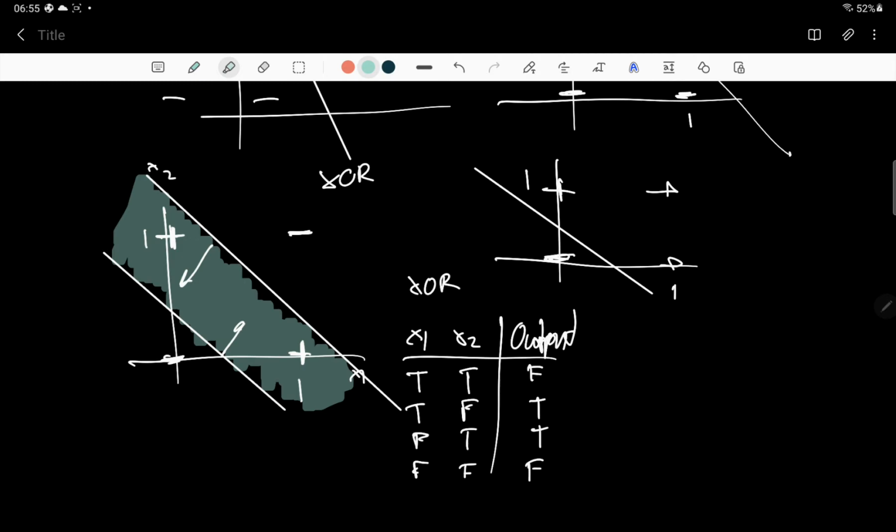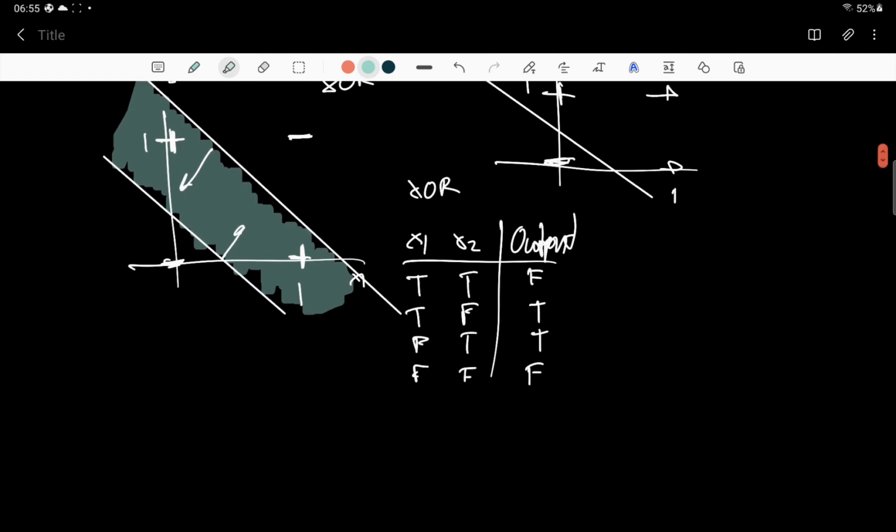And how can we do it? Because we know that a single perceptron can be used to classify it. You can place a single perceptron in a two-dimensional space, and one side will be positive and the other side will be negative. And how can we do that in this case? We need the multi-layer perceptron.